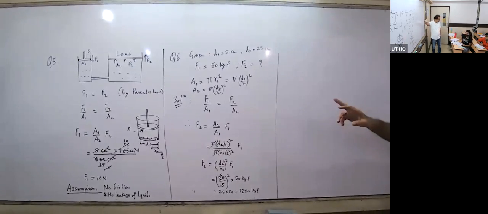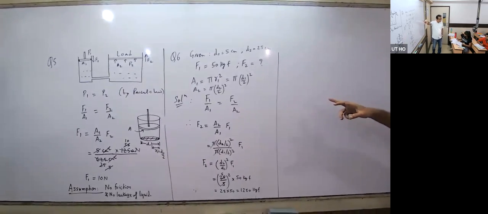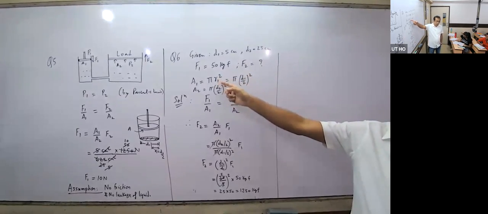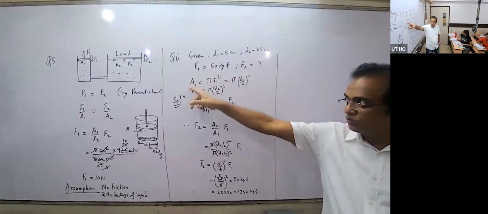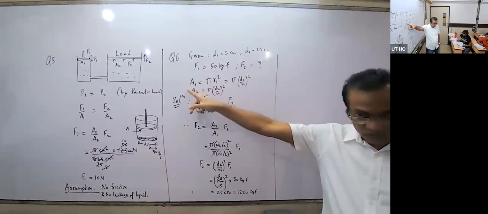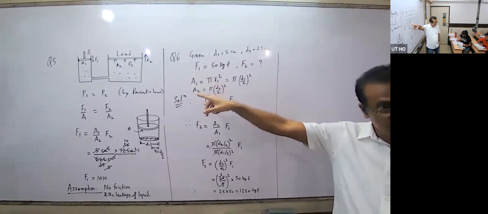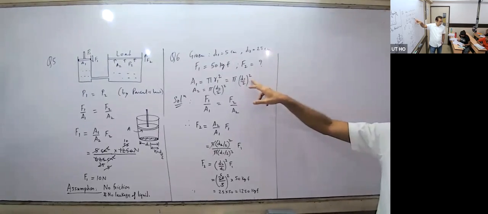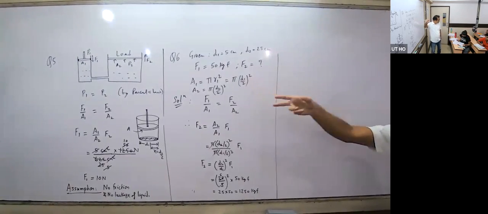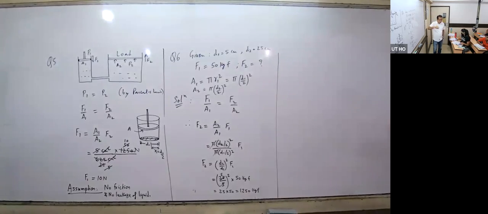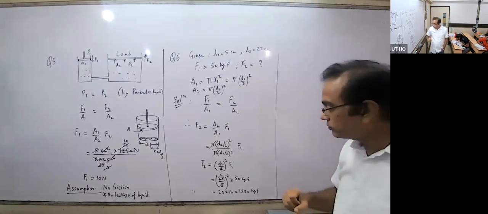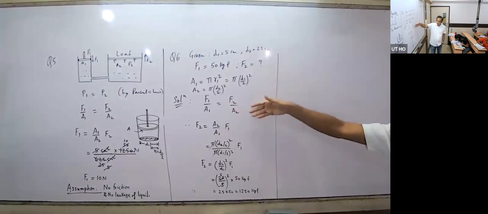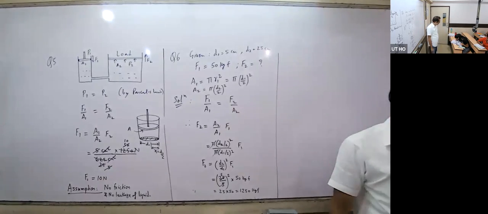Everybody has understood why we did what we did. In some questions the radius could be given directly, so then you will use pi r square. In the previous question, we got the area directly, in millimeter square or centimeter square. But here the area was not given, just the diameter. So from the diameter we found the radius, and from the radius the area. And we did not do unit conversion because it's the same ratio. Both units are the same, so it's fine.